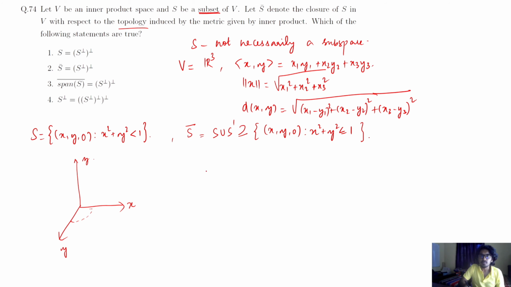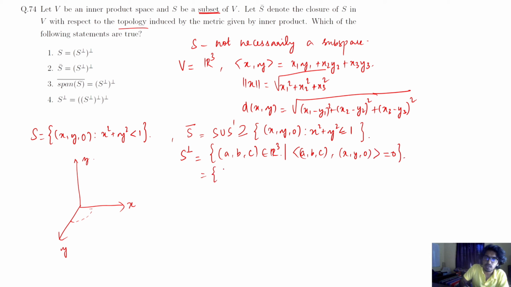Now if we look for the orthogonal complement of S, it is the collection of points (a, b, c) in R3 such that the inner product of (a, b, c) with the entries that we choose from S is 0.